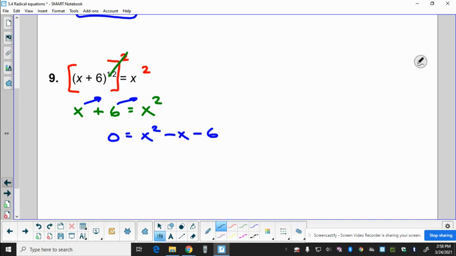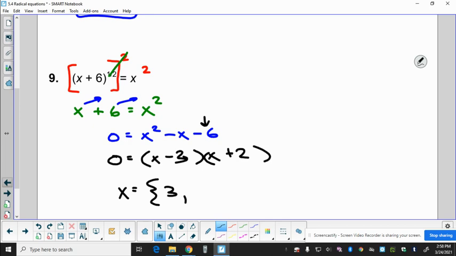Factor. That's a negative 3, sorry. Positive 2. So the solutions maybe are this, but we need to test these.